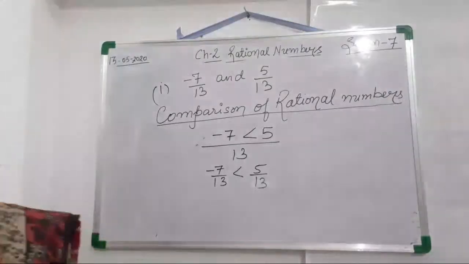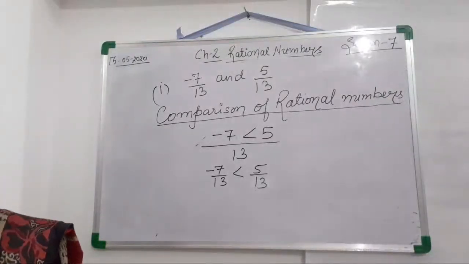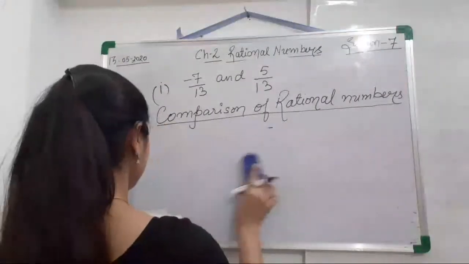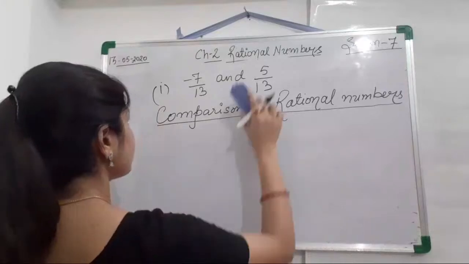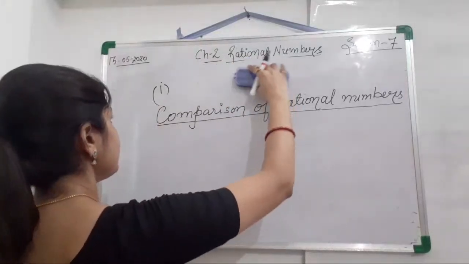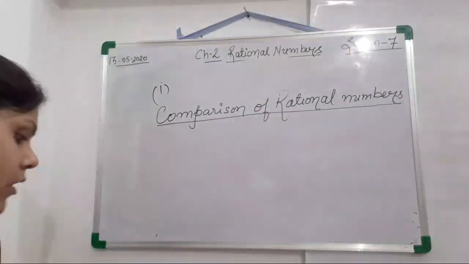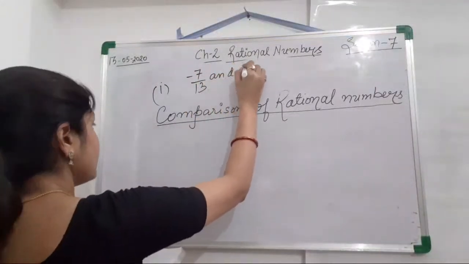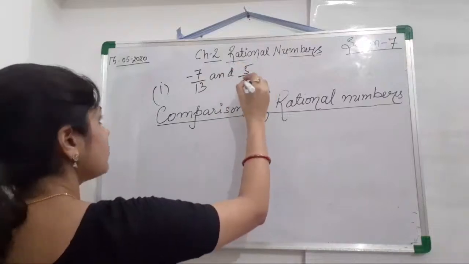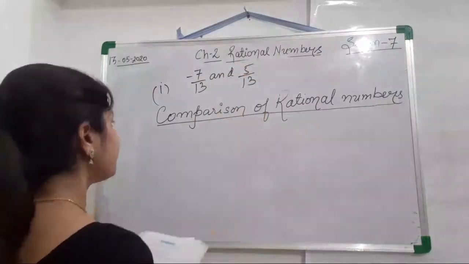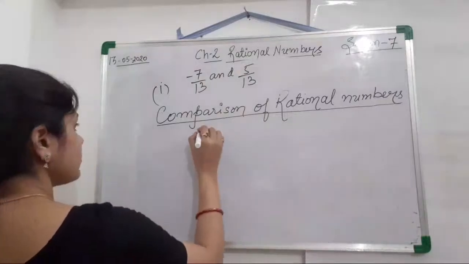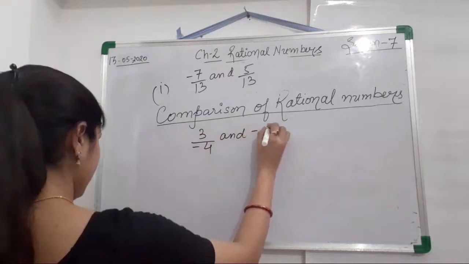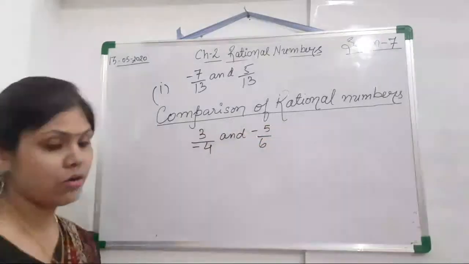And one more question I am taking, in which the denominators are different. How will you do that? The second question.